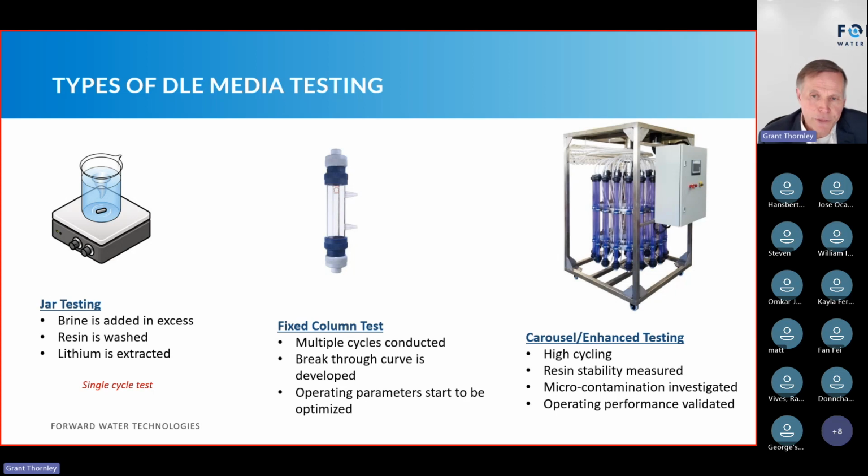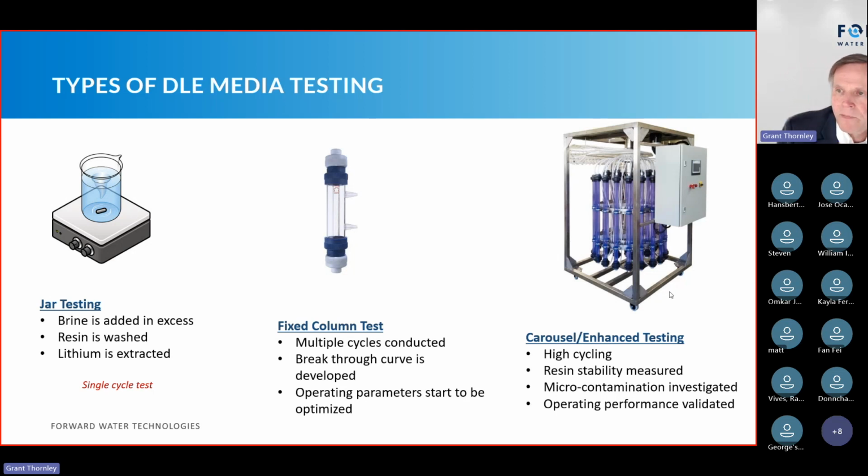And if I'm doing 30 cycles, there could be time constraints on that. There are ways to adjust cycle times, but also take into consideration that these column tests do take time, and the carousel allows me to perform higher cycling at a more efficient and probably better cycle time.